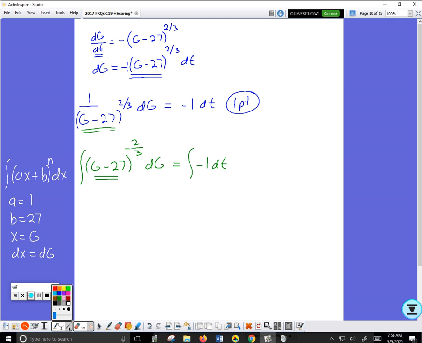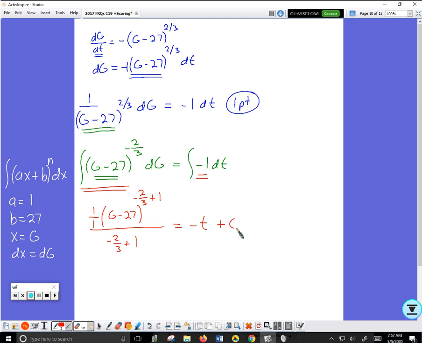So using that rule, this antiderivative is 1 over A, parenthesis, G subtract 27 to the negative 2/3 plus 1, all divided by the same, negative 2/3 plus 1. Equals, the antiderivative of -1 is just -1t, and then I have my constant.